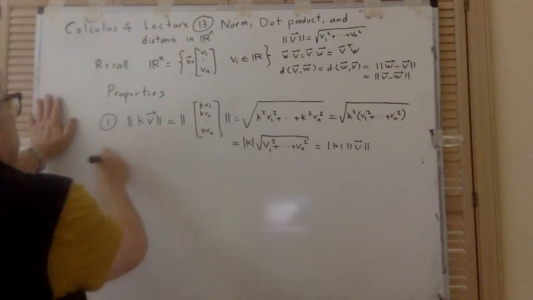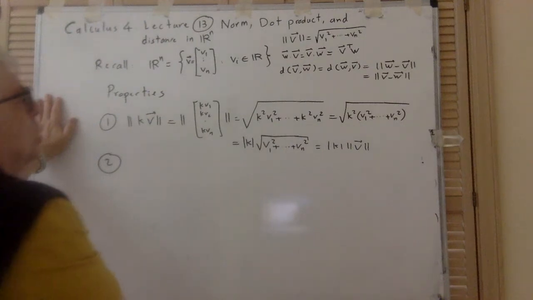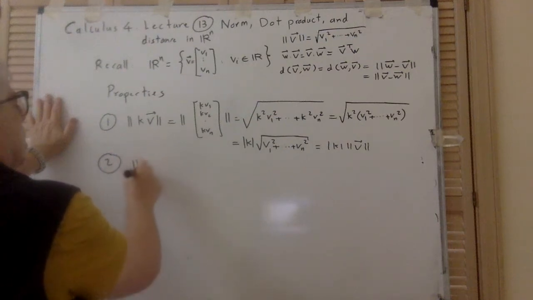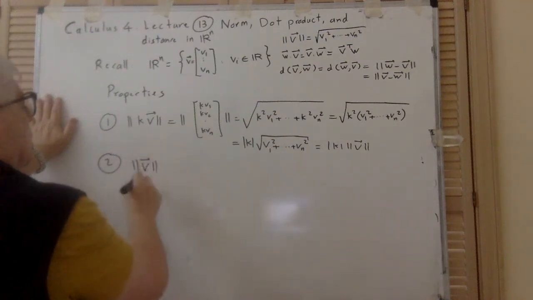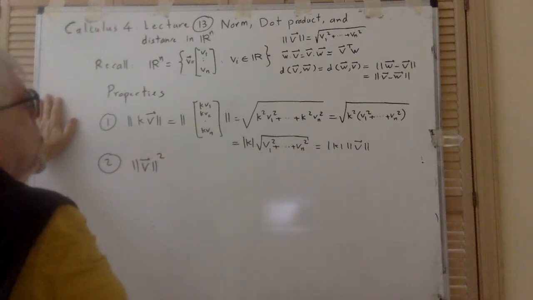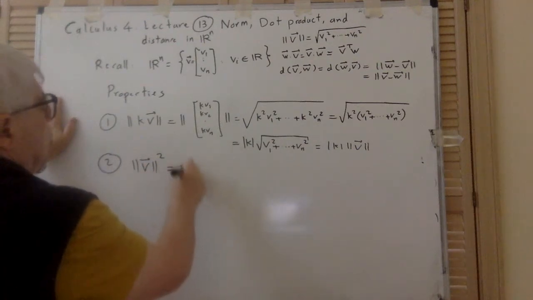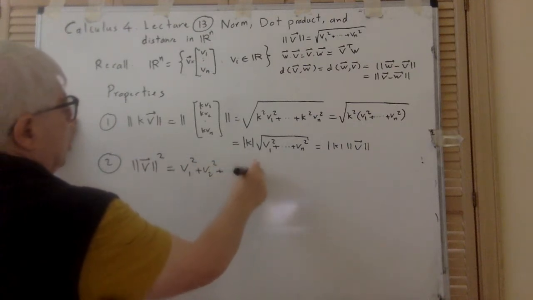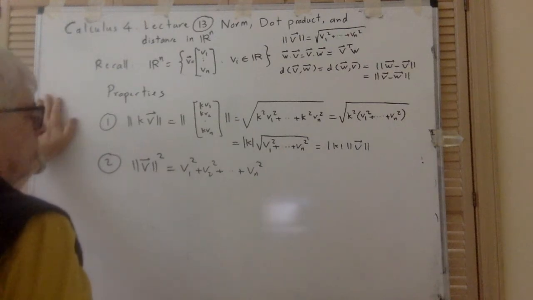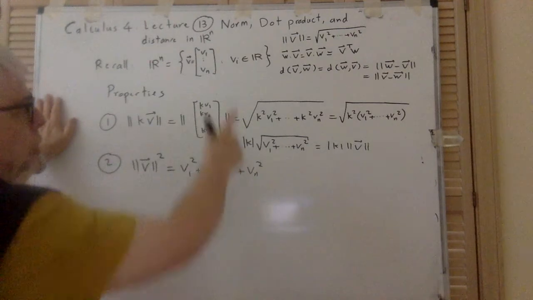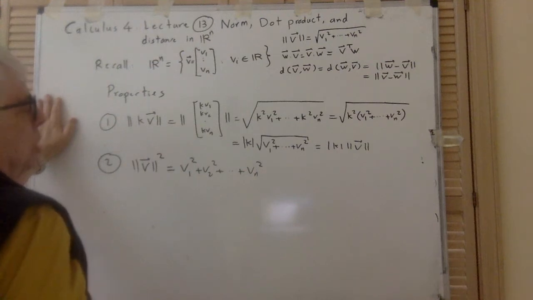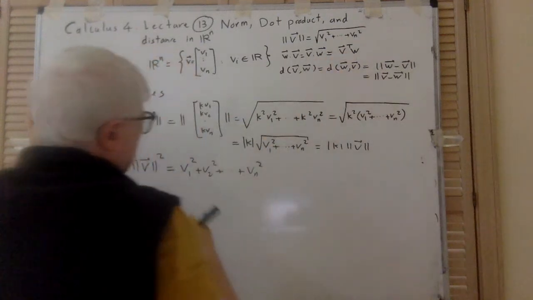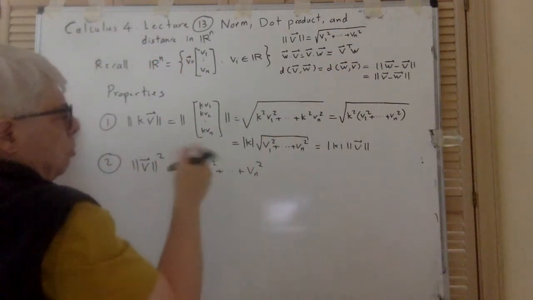Number two: let's look at the norm again and square it. If I square this, I get v1 squared plus v2 squared up to vn squared. This looks like a dot product, where v transpose w was v1 w1, v2 w2.